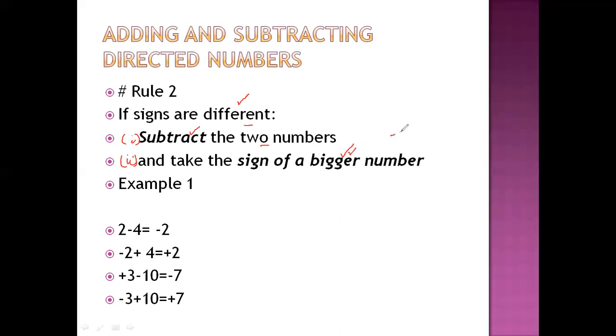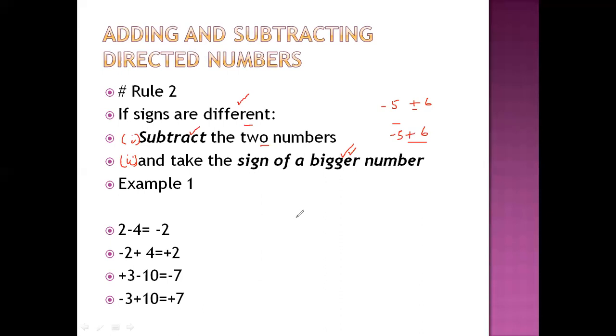Let's say we have minus 5 plus 6. The sign for 5 in this case is a minus. The sign of 6 in this case is a plus. Please take note of that. That can also be very helpful for whatever you're going to do.